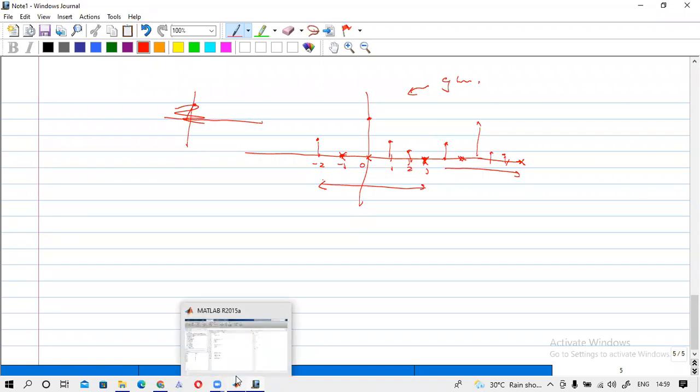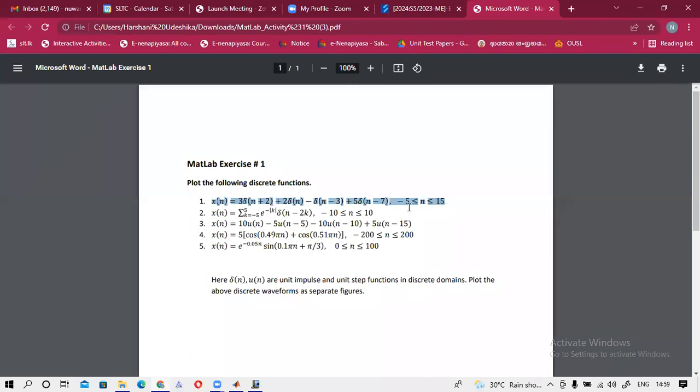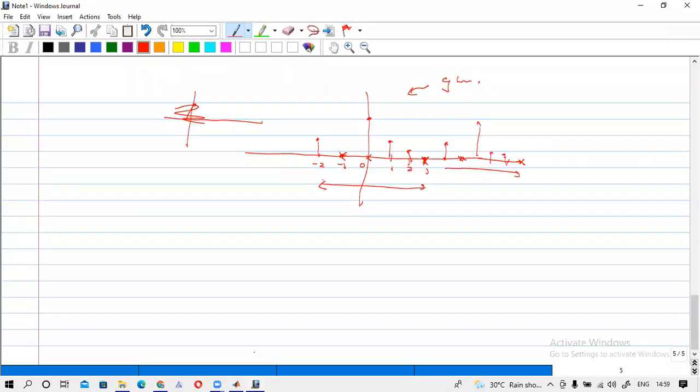But for this question, Dr. Udesh asked to put the limit from minus 5 to 15. That means this sequence is running from minus 5 to plus 15. That is why I say you had better mark the zeros there. Marking the 0 is not a big issue.